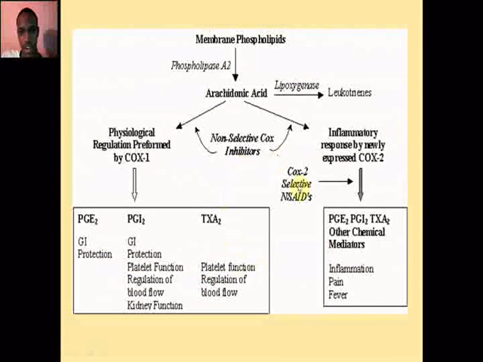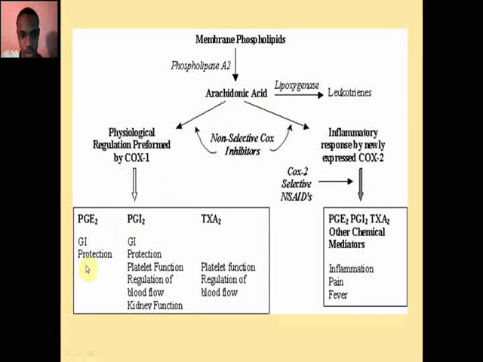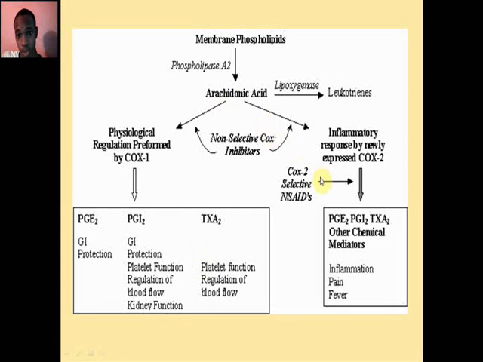Here we have a brief diagram showing some of what happens in the synthesis of prostaglandins. You see membrane phospholipids are cleaved by phospholipase A, producing arachidonic acid. And we see that this could go to form both prostaglandins as well as thromboxane.